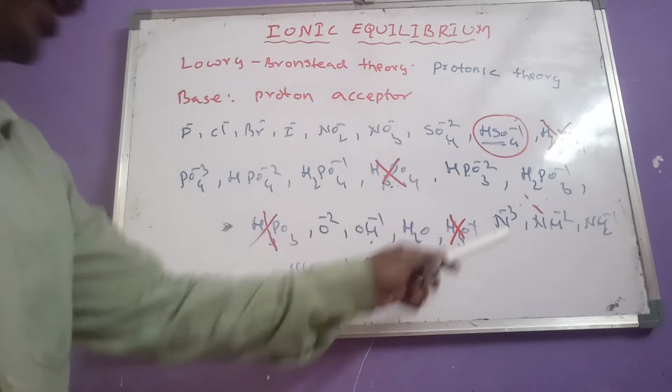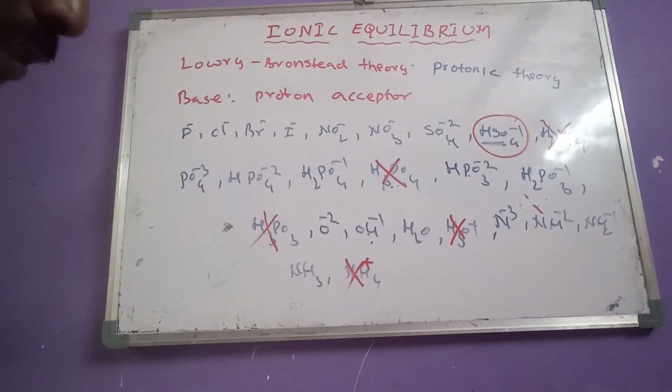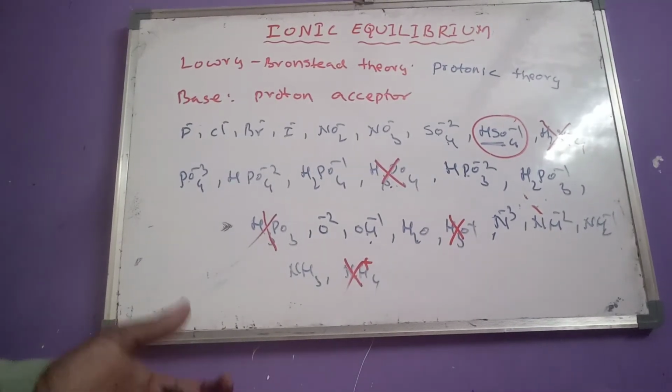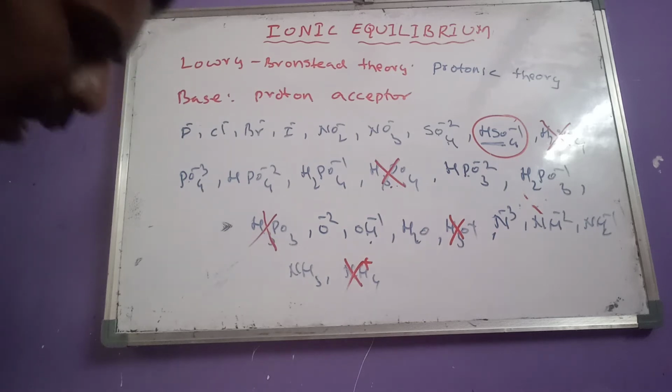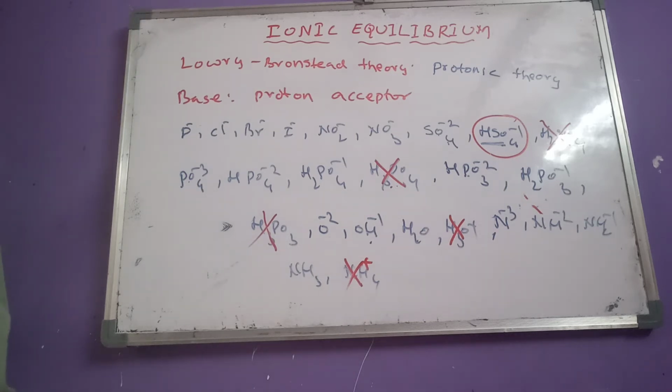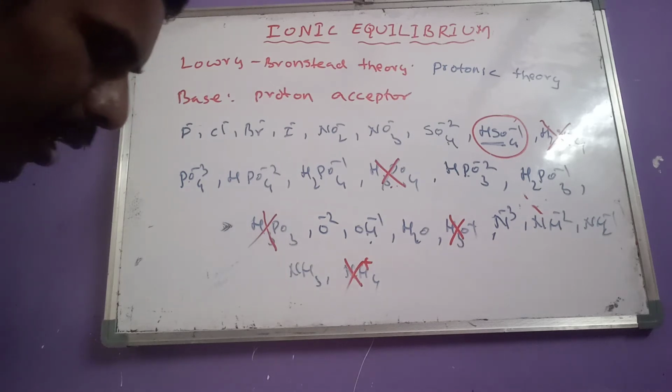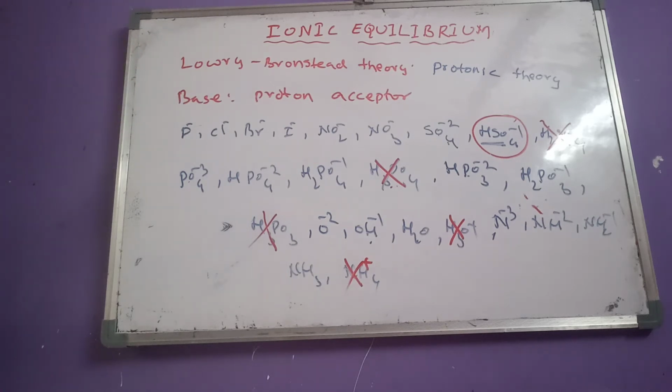So in this category also, N minus 3 acts as a Bronsted base only, and NH4 plus acts as a Bronsted acid only. But the remaining three here, NH3, NH minus 2, NH2 minus 1, can act as both Bronsted acid and base. Those are called amphoteric substances. Okay.